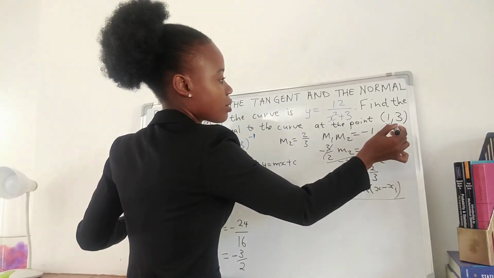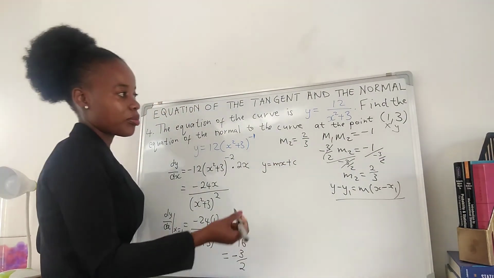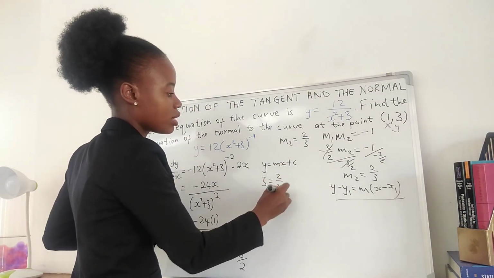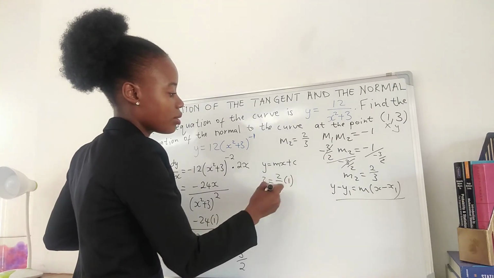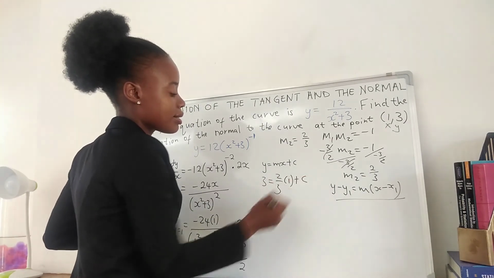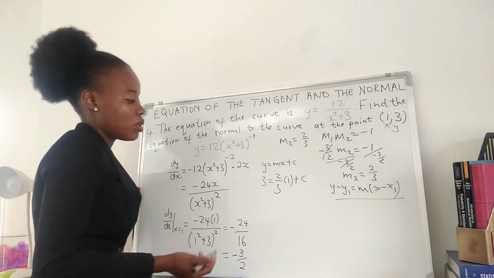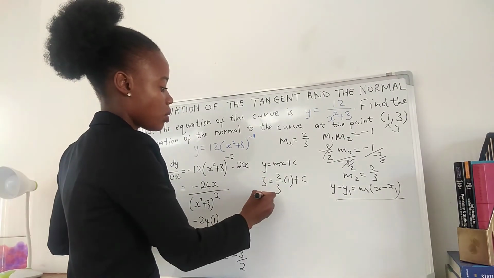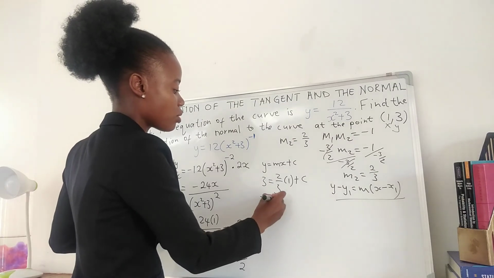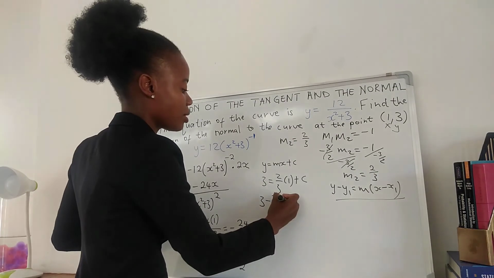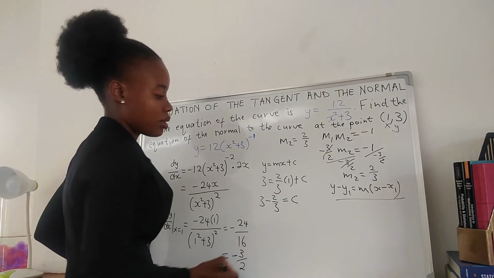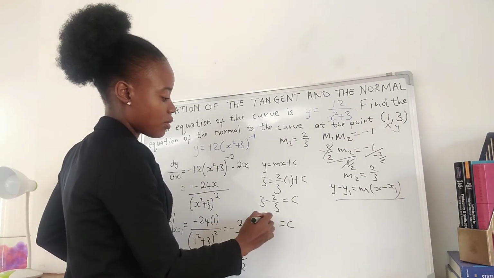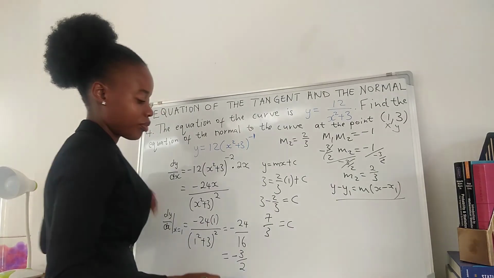Y is 3, gradient is 2 over 3, our x is 1, plus c. Okay, we're going to take this to the other side. We're going to have 3 minus 2 over 3 equals c. So our c is equal to 7 over 3, right?